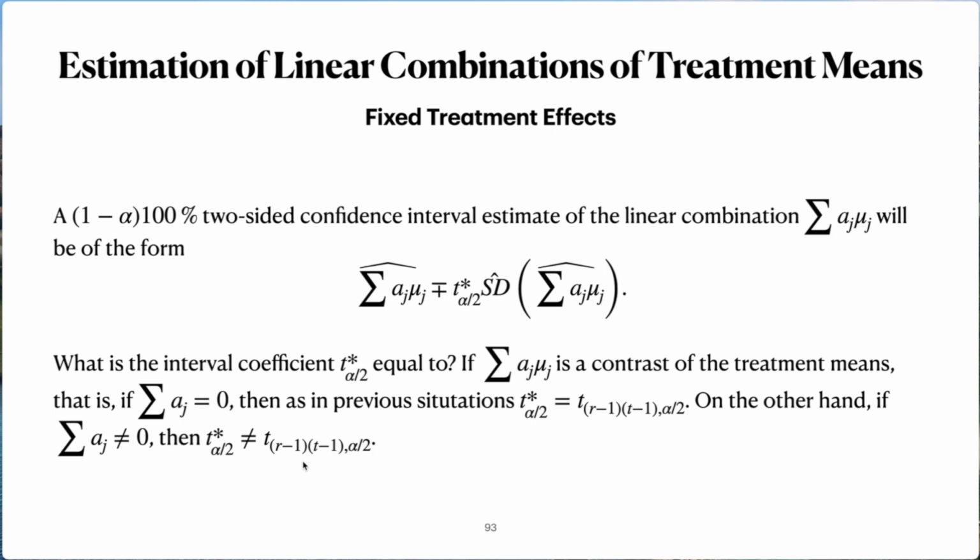Now, it may still be a t distribution, but that t distribution does not have degrees of freedom equal to r minus 1 times t minus 1. In general, in this situation, the exact interval coefficient is not going to be known because we don't know precisely how many degrees of freedom are associated with this estimate of the standard deviation of our point estimator.